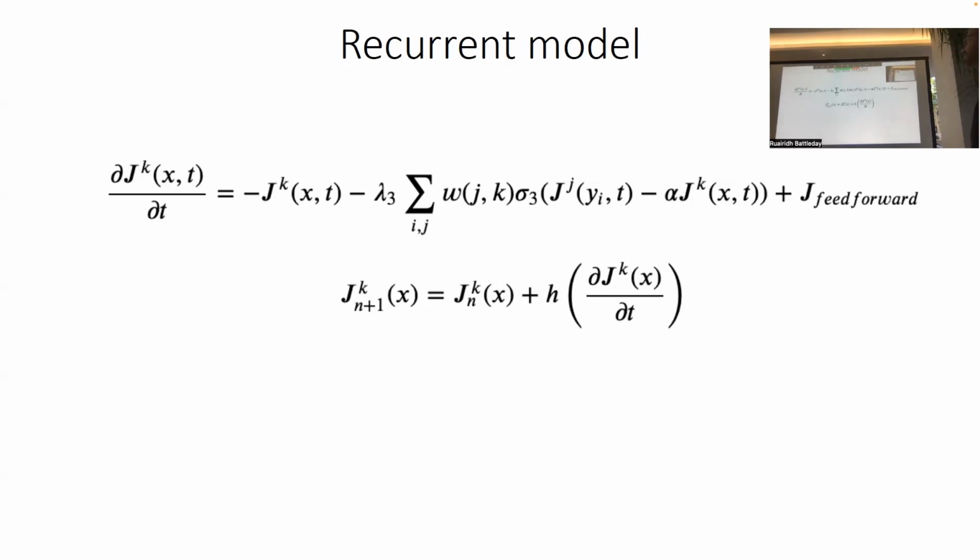So this is the recurrent model, which tries to be similar in some way to the Rozell model, but we have again the nonlinearity and the backpropagation, and we also get the feed-forward input from either the parallel or the hierarchical model. Typically this is how it's done. You get a feed-forward activation, and then there is this competition between the neurons.